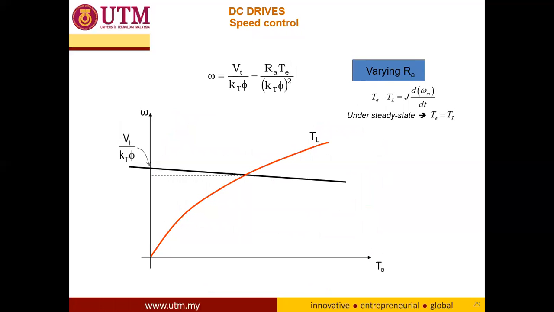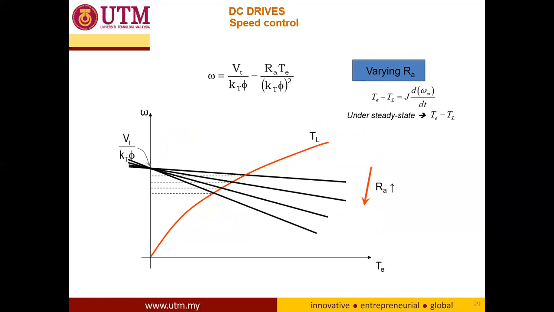The second one is by varying the RA. As you can see, by varying the RA, this is your no load speed, and if you increase the resistor value, you will have a different characteristic of your DC motor, and this intersection will give you the speed at which the motor operates.